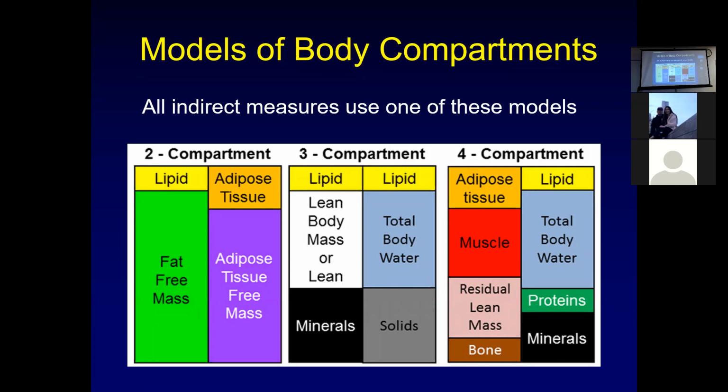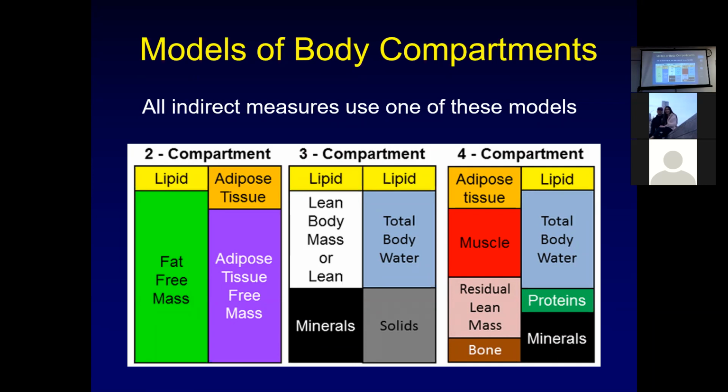As we increase the number of compartments, the fat mass or lipid portion is going to stay the same, but we're going to find a way to partition the fat-free mass into more specific buckets or categories.